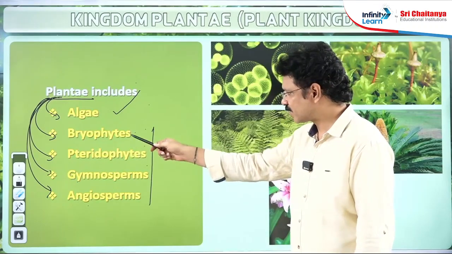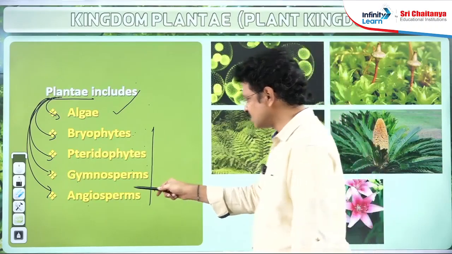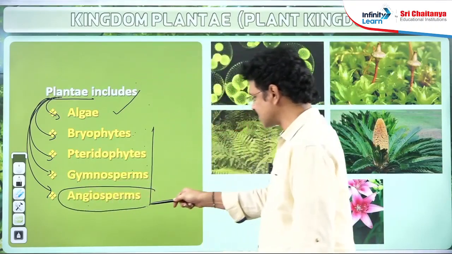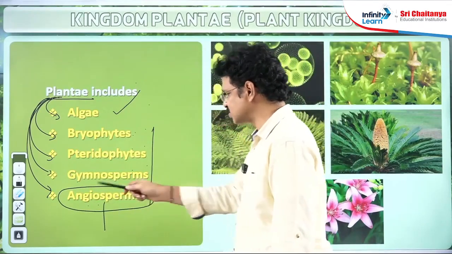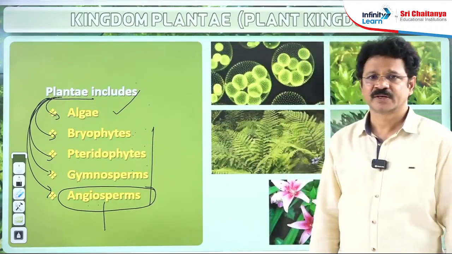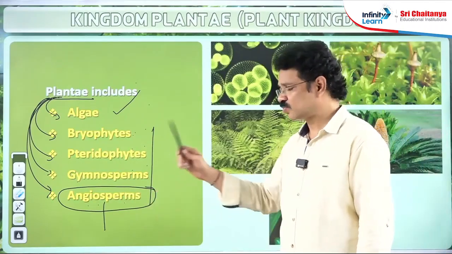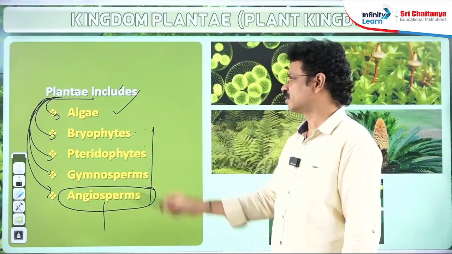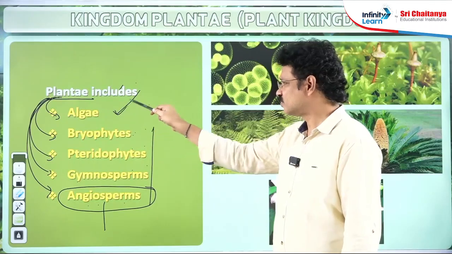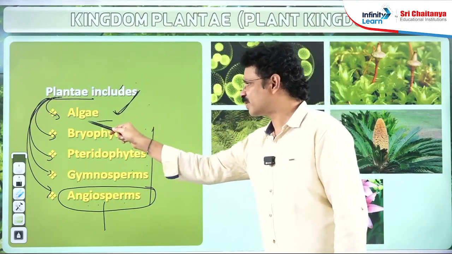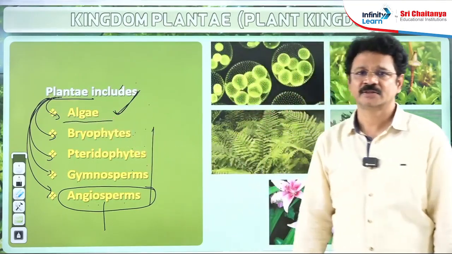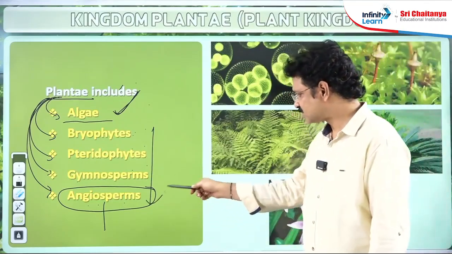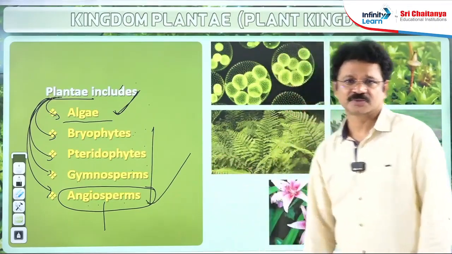Among these, bryophyta, pteridophyta, gymnosperms and angiosperms, the most highly evolved plants present on this planet are angiosperms. Angiosperms are the highly evolved group in the entire plant kingdom. Highly reduced, simplest primitive plants in the plant kingdom are algae. Highly advanced and developed plants are angiosperms.